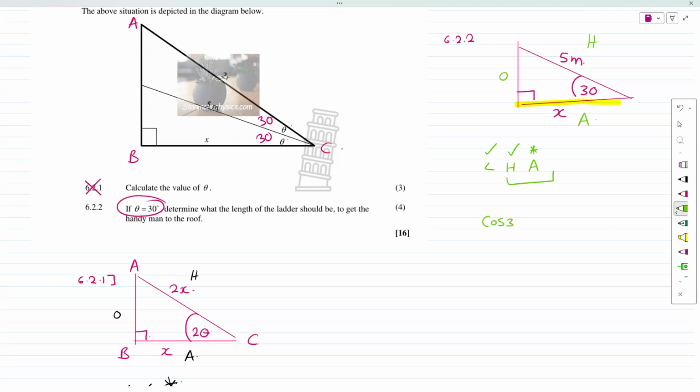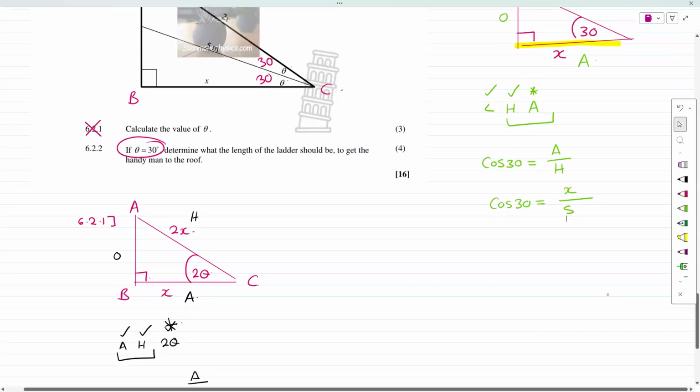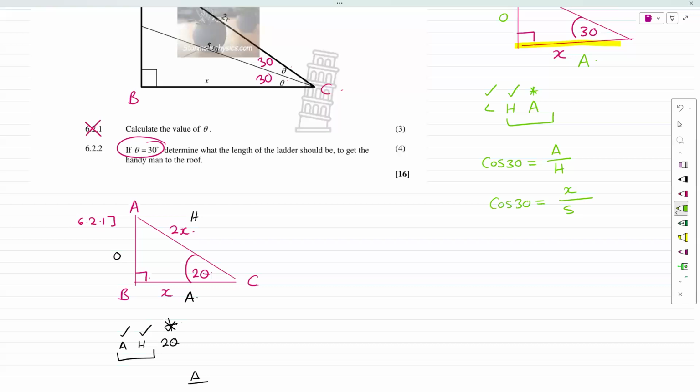So cos of 30 equals A over H. Cos of 30 equals A, which is x, over H, which is 5. If we calculate A, that's going to be 5 times cos 30 equals x, and x equals whatever that value is.